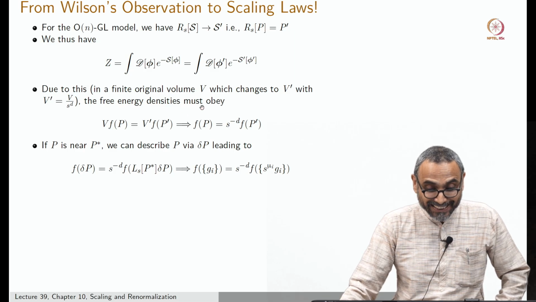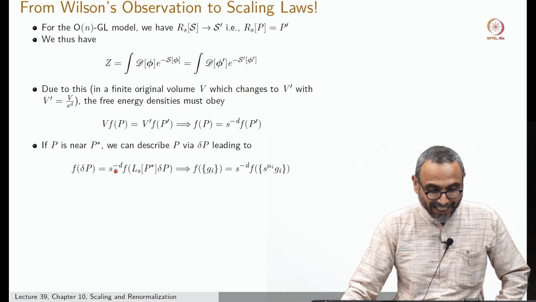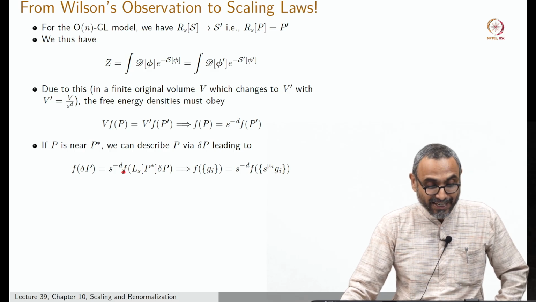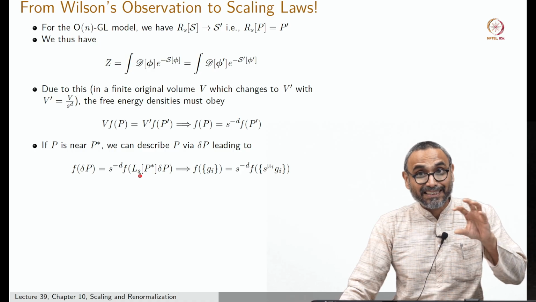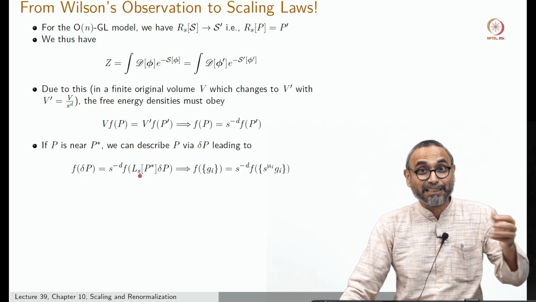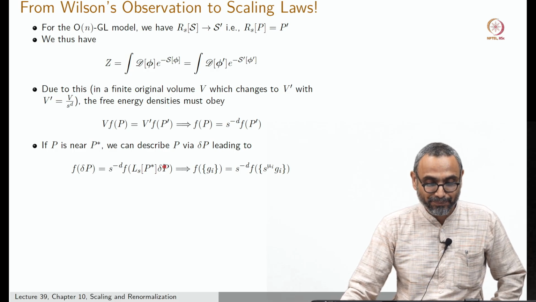Using this expression, we see that f of delta P is equal to s to the power minus d f of the linearized version of Rs, this matrix acting on delta P.